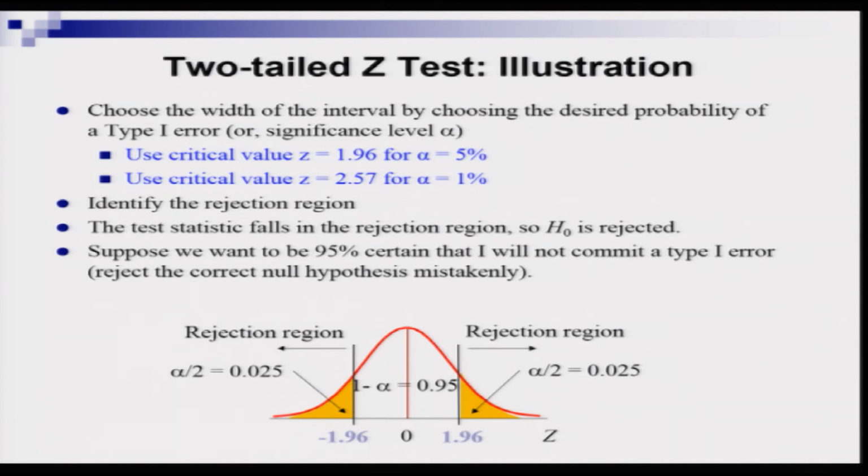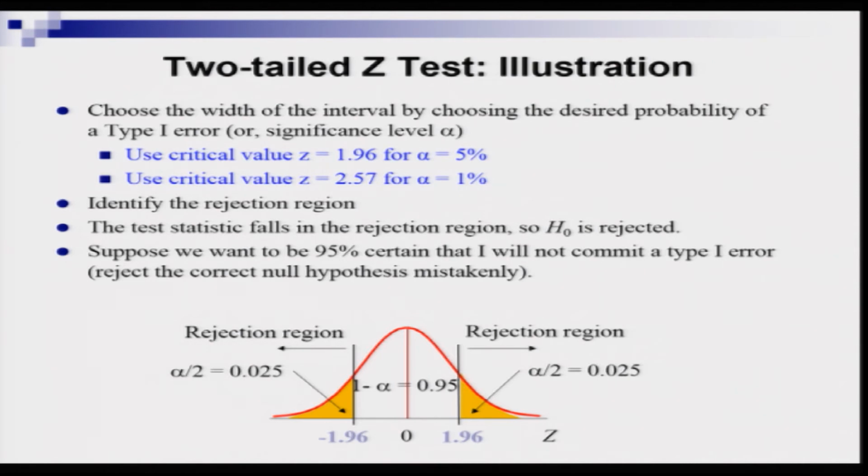But suppose you get a test statistic value of, say, minus 2, then what will you conclude? Minus 2 falls in the left tail rejection region, and you say that I am rejecting the null hypothesis.